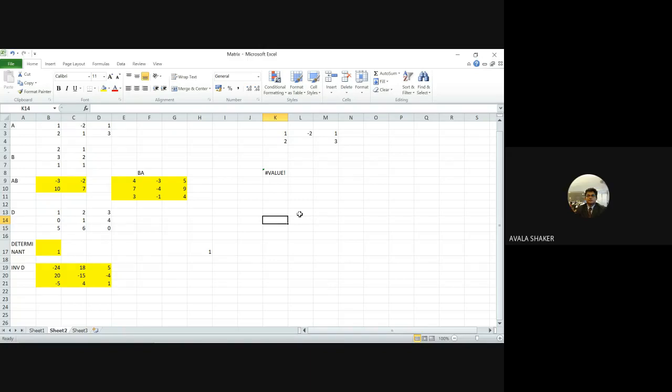Now you can tell us the values also. We can work it out. I'm just doing 1, minus 2, 2 and 4. A 2 by 2 matrix.